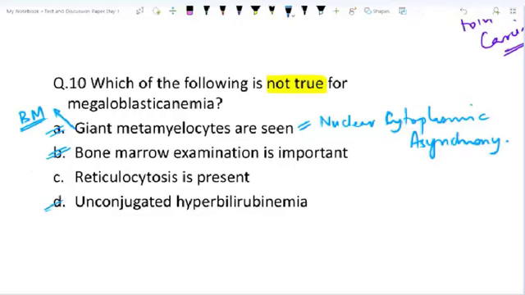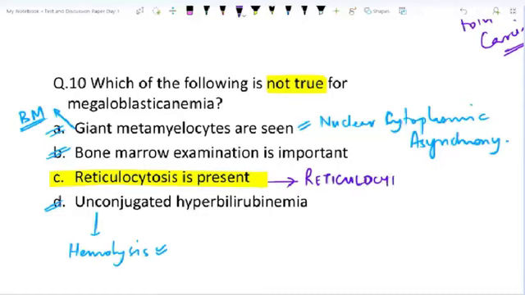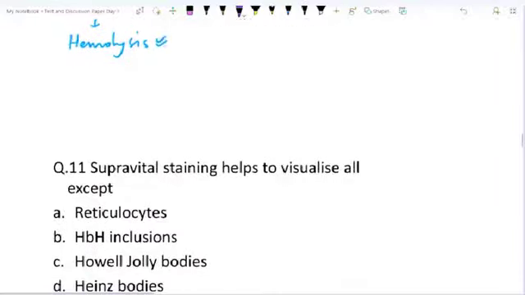Unconjugated hyperbilirubinemia may be seen because there can be some mild element of hemolysis because of immature cells being formed. But is there reticulocytosis? No, in fact, you have reticulocytopenia in megaloblastic anemia. And the first change that you see once you supplement the patient with whatever is missing is reticulocytosis. Same with iron deficiency anemia.